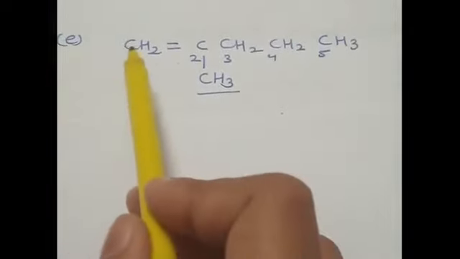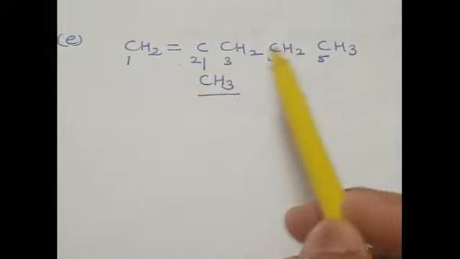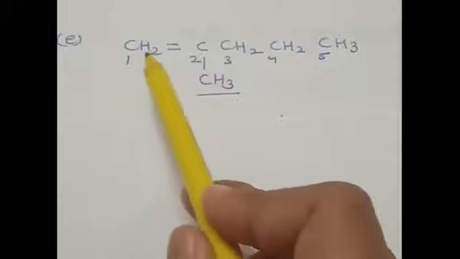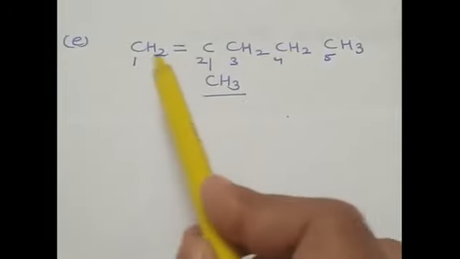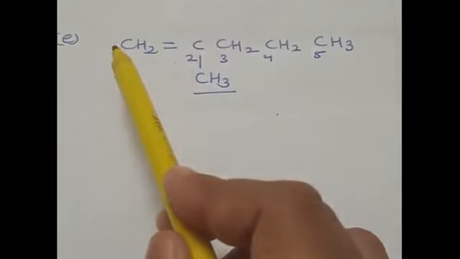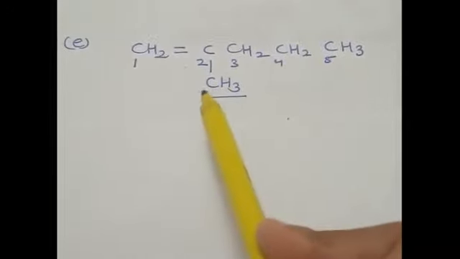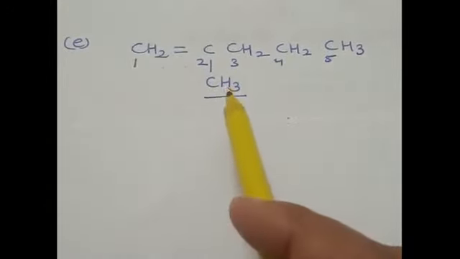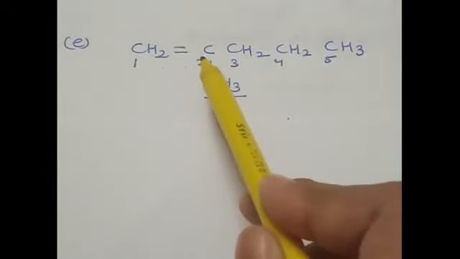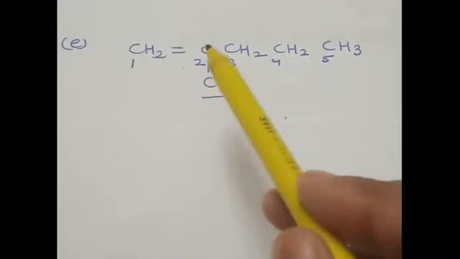Part E is CH2 double bond C CH3, CH2 CH2 CH3. Here we can see that at the second carbon we have a methyl group and we have a chain of 5 carbon atoms. So we'll start numbering from here: 1, 2, 3, 4 and 5. So how do we have to name it? It will be 2-methylpent-1-ene.